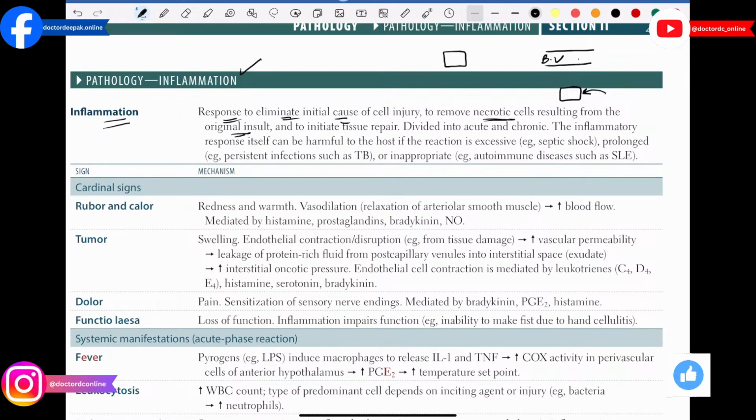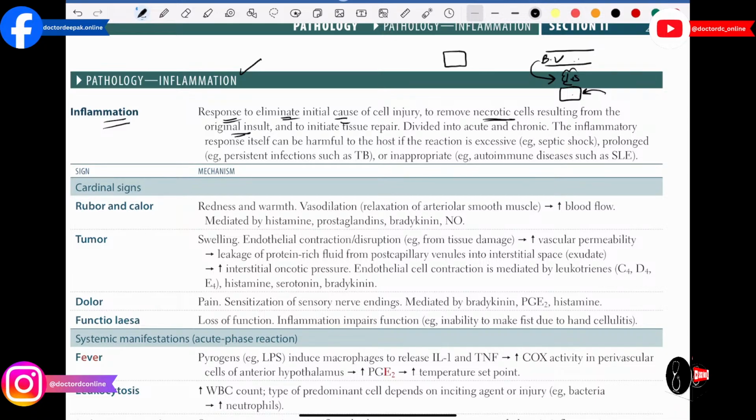These three things will exit the blood vessel and enter the interstitial space. What is the interstitial space? It is the space present between the blood vessel and the cell. So here it is the interstitial space. So this is the basic introduction.